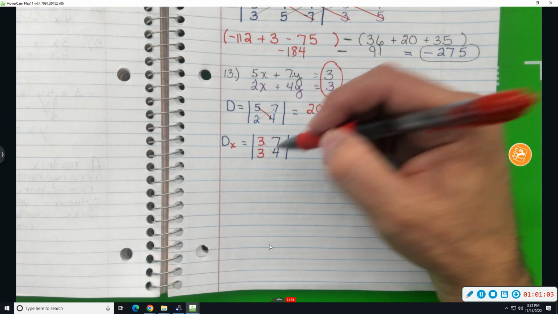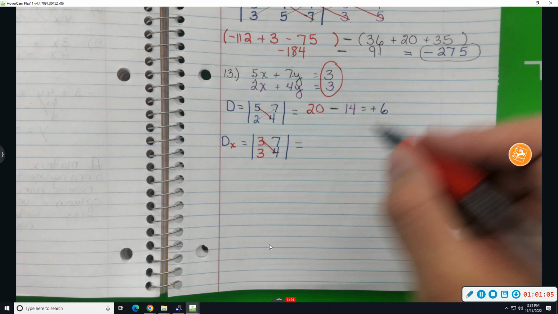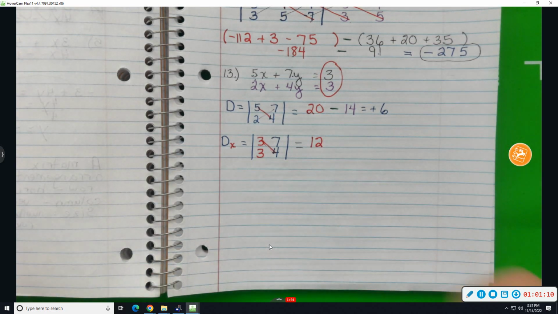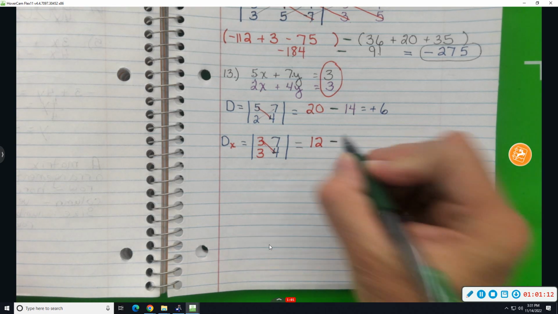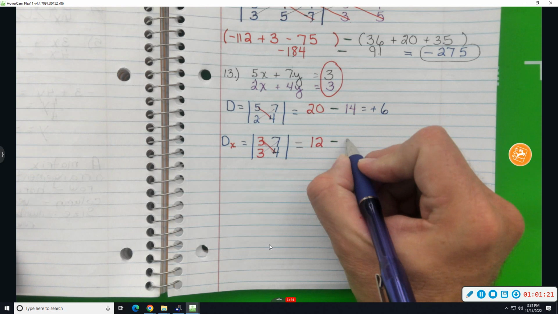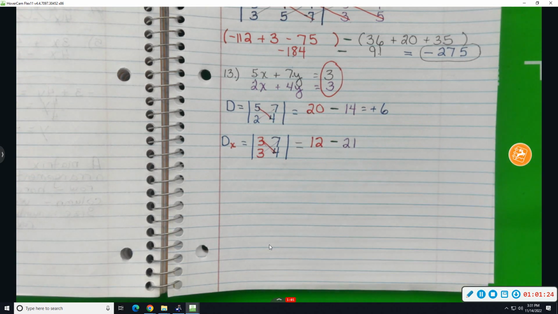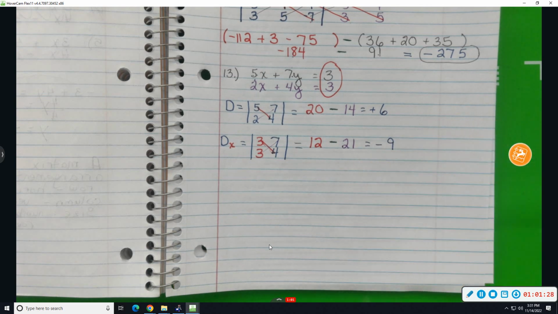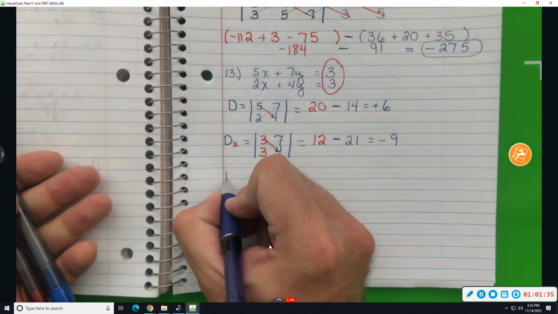Cramer's rule isn't quite so easy to write out as, well, I'm going to state Cramer's rule in a minute. So it's 12 minus 21. 12 minus 21, is that going to be a negative 9?